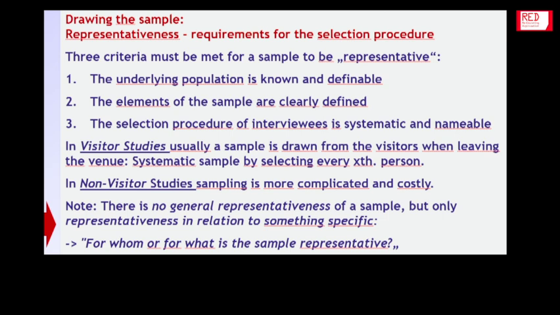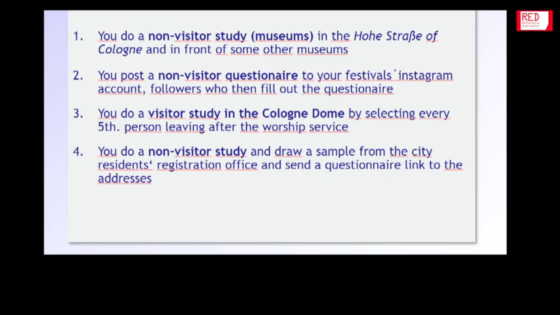For instance, sometimes people want to do a non-visitor study by going to a shopping center or a shopping mall or to some areas where you can meet many people who do their buying there.